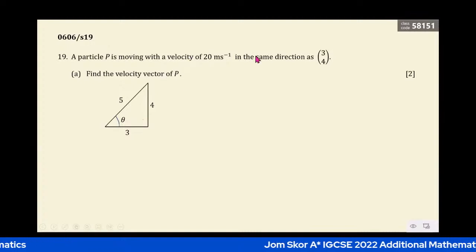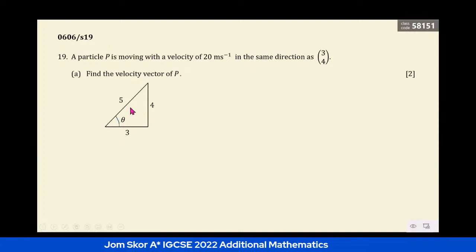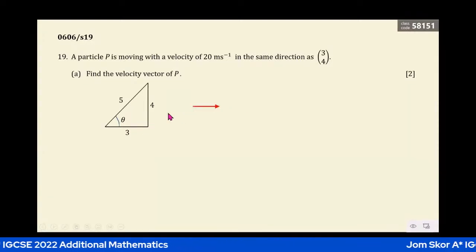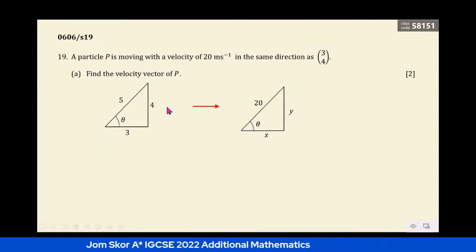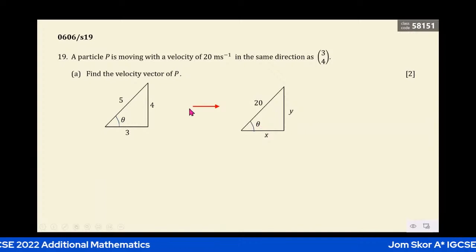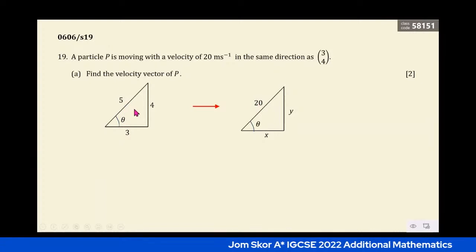Your velocity goes in the same direction as this, meaning we can use the same triangle. We don't know what x and y are, but we know that here is 20, and it follows the same angle theta. So from 5 to get 20, it's like a similar triangle.